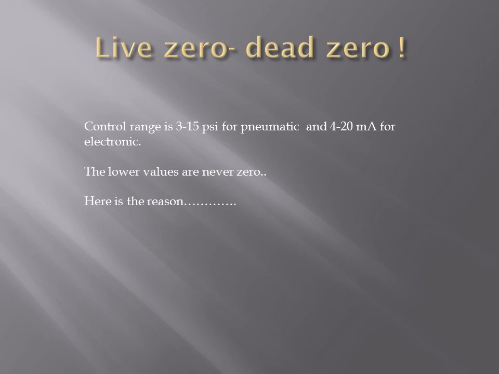If the instrument is active and the flow is minimum, you get a signal of either 3 psi or 4 milliamps. So the operator understands that the instrument is working, but the process value is minimum. But when the instrument is faulty, you get a signal of 0. This is how you differentiate between a faulty or dead instrument and a live instrument. This concept is called live zero, dead zero, and it has been implemented effectively in instrument control systems.